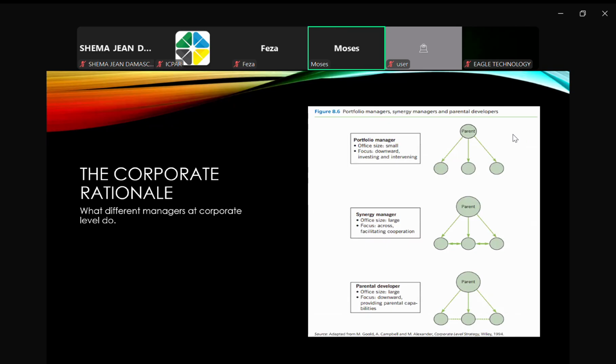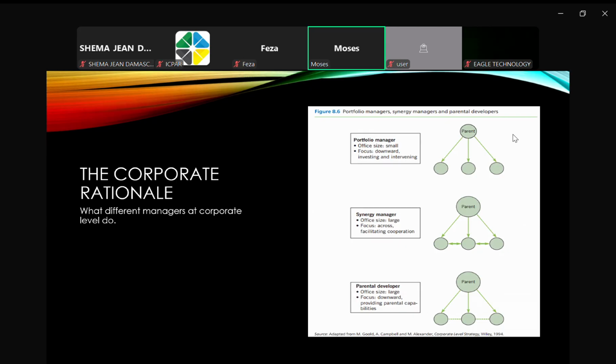Let's now talk about a corporate center. A corporate center is like a headquarter, but not the headquarter in the usual sense; we think about this from the angle of a conglomerate.